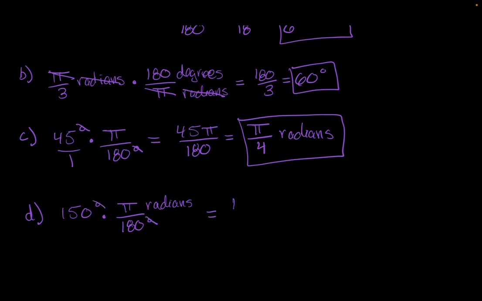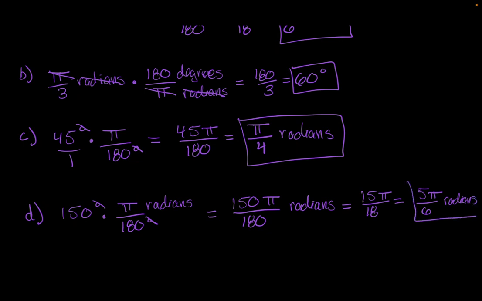And I'm left with 150 pi over 180. This is now going to be in radians. And I just need to simplify this 150 over 180. You could take it step by step. 15 and 18 are both divisible by 3. So that becomes 5 pi over 6 radians. And sometimes we write rad as a short version of the word radians.